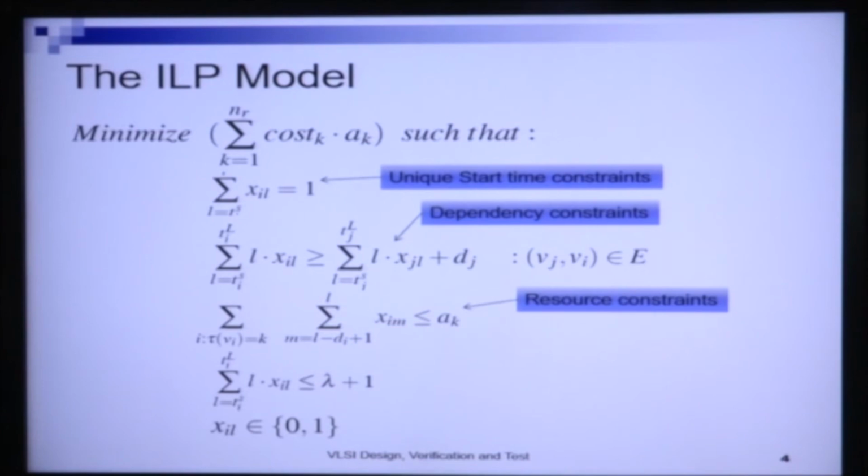It is an auxiliary variable here. And then we specify the latency constraint, which is specified by the start time of the sink node. So, the sink node must start at most within lambda plus 1 time steps.